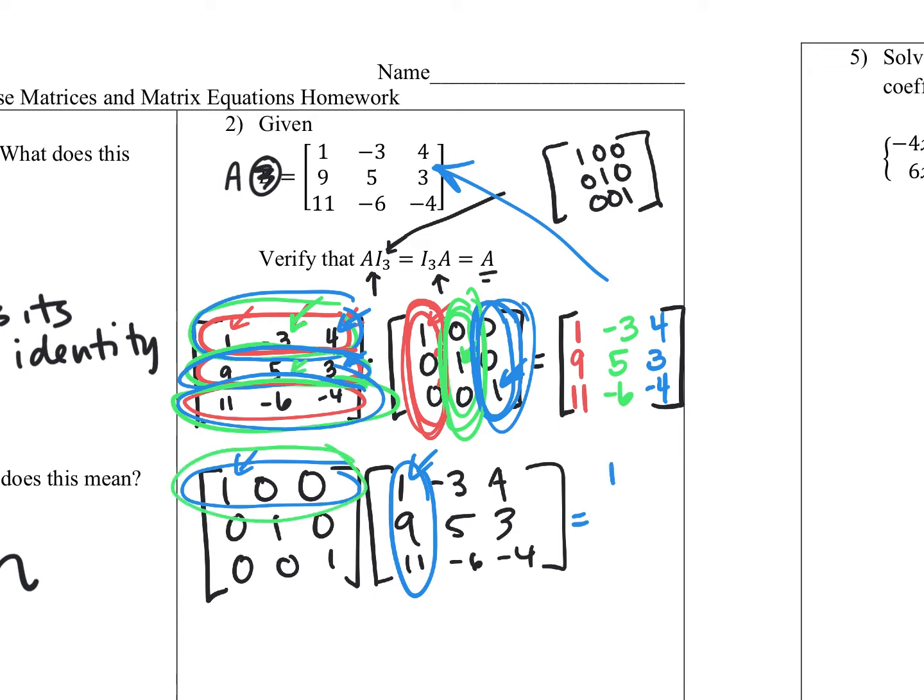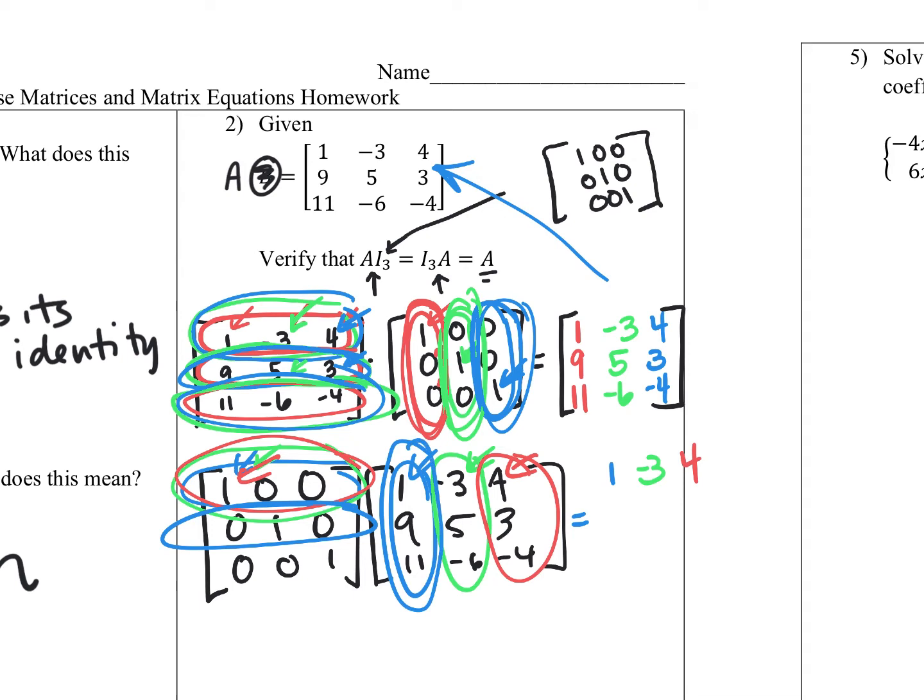Then multiply that row times the next column, and the 1 with the negative 3 is going to pop out. And then last times that last column, we'll get 1 times the 4, because everything else just becomes 0. And so hopefully you can see the pattern that's happening. 0, 1, 0. When you multiply times that first column, the only thing that's going to pop out will be our 9. We multiply it times that second column, we get a 5. And the last column, we get a 3.